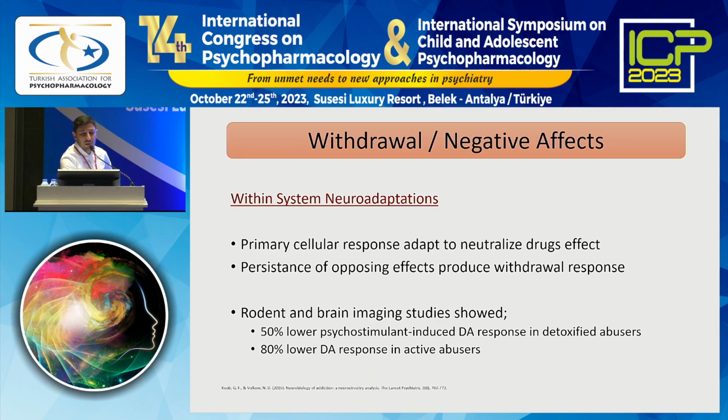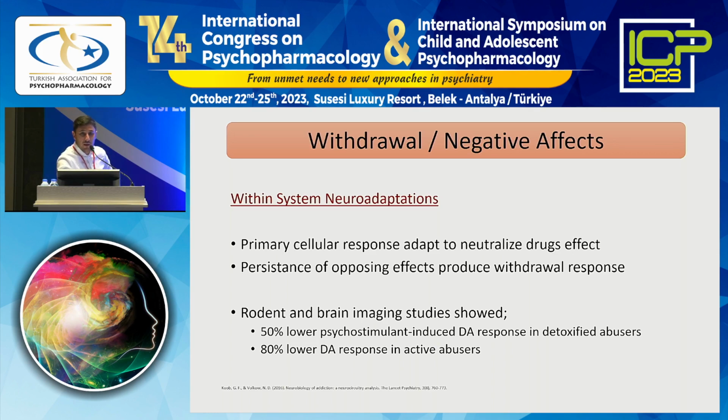Within the system of neuroadaptations, we can basically speak about two kinds: intrasystem or between-system neuroadaptations. Intrasystem neuroadaptations generally look into the neutralizing effect of the drugs, or other opposing effects that are produced for the withdrawal response.